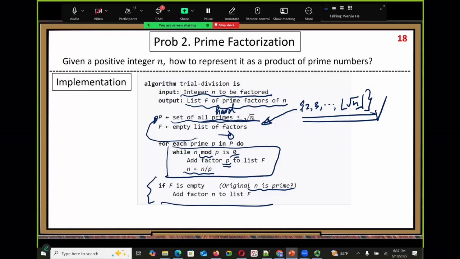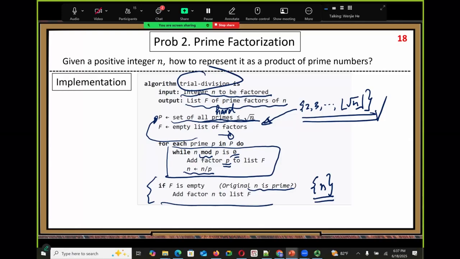You add the factor n to F, because then you have only one number in your output list. If you have only one number in your F list, that means this n is a prime. So that's the meaning of this trial division algorithm.